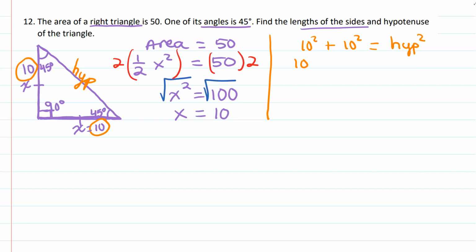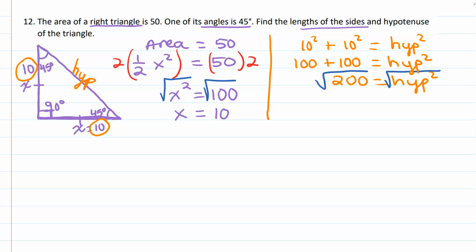Okay, that would be 100 plus 100 equals hypotenuse squared. So hypotenuse squared is equal to 200. And so to undo square, we would have to take the square root of both sides. So then the hypotenuse is the square root of 200.